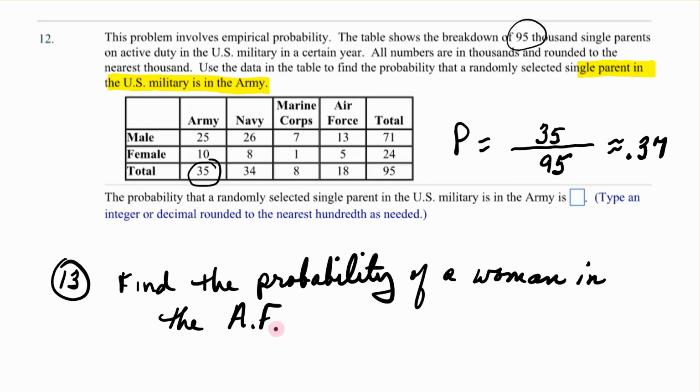All right, so I can use my chart. The probability of that, well, there are still 95,000. Going back up here, I don't need this anymore. A woman in the Air Force.